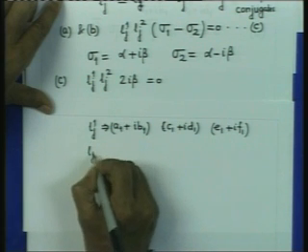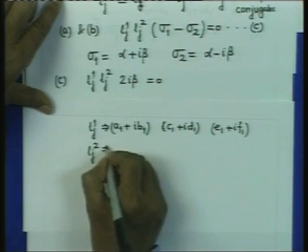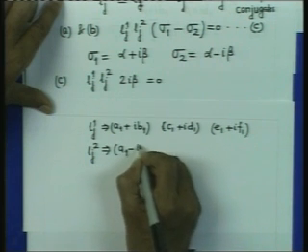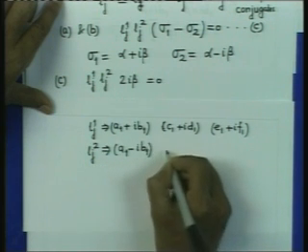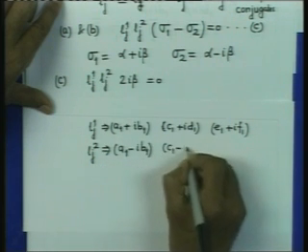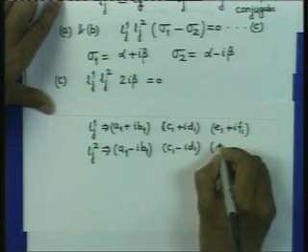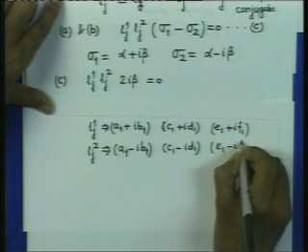Similarly, Lj2 components, since they are complex conjugates, are A1 minus iB1, C1 minus iD1 and this is E1 minus iF1.